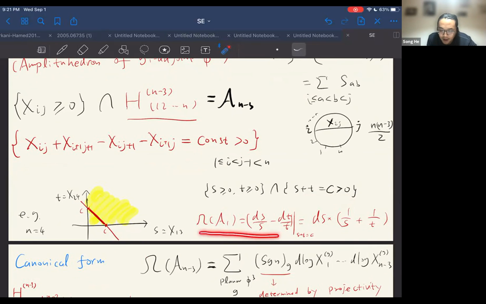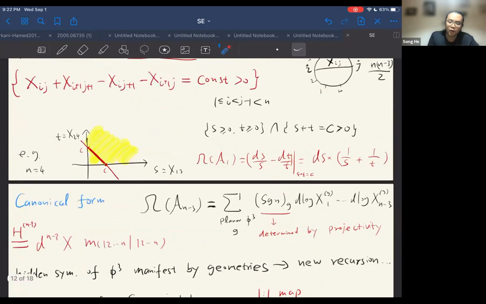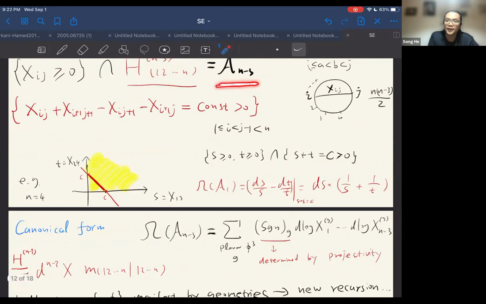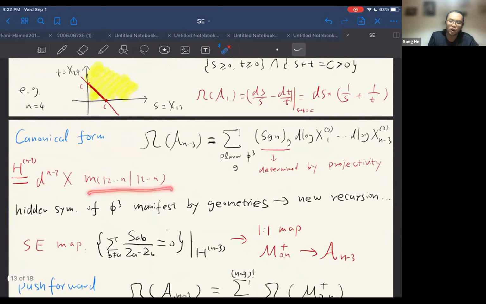Now you can compute the canonical form on this line interval, which has logarithmic singularity on the two endpoints, and that's exactly your 4-point phi cube amplitude, 1 over s plus 1 over t, for the given ordering 1, 2, 3, 4. In general, you have this (n-3)-dimensional associahedron, and its canonical form gives you the bi-adjoint phi cube amplitude.